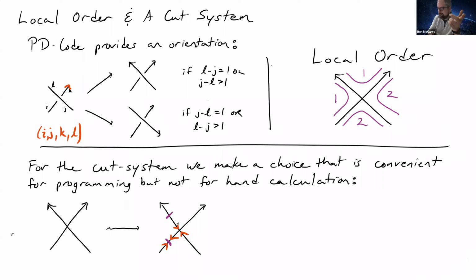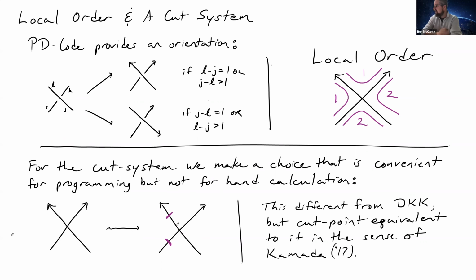Now this means that we're going to have a bunch of extra cut points that Dasbach and Kaufman didn't have, but it also means that we don't have to track a list of cut points. That's useful when you're programming this, right? It's entirely contained within the PD code what this choice is going to be.